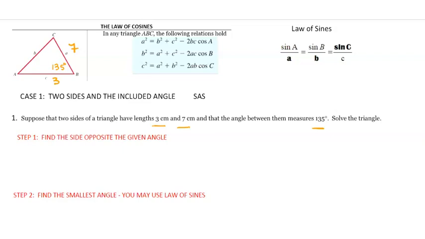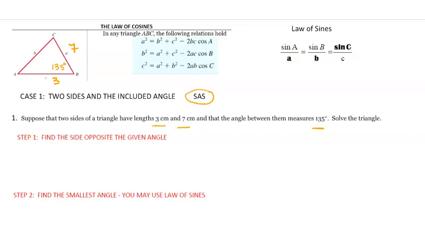Okay, so this is what I have. This is the given information. It is a side, it is an angle, it's an included angle, and it's another side. Side, angle, side, the classic case that's going to require using law of cosines. So the first thing we're going to do is find the side opposite the given angle.